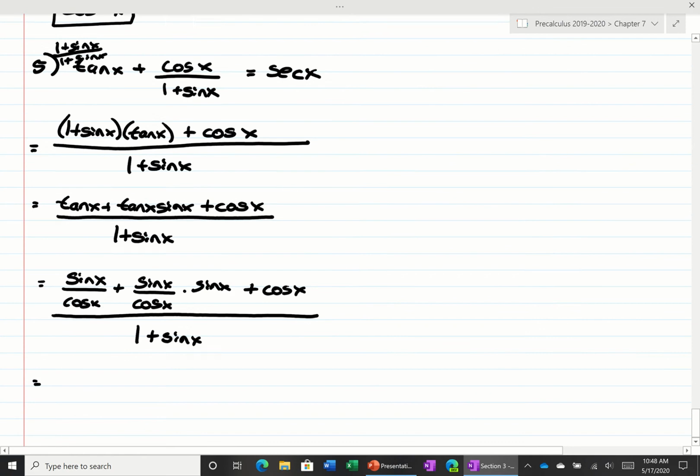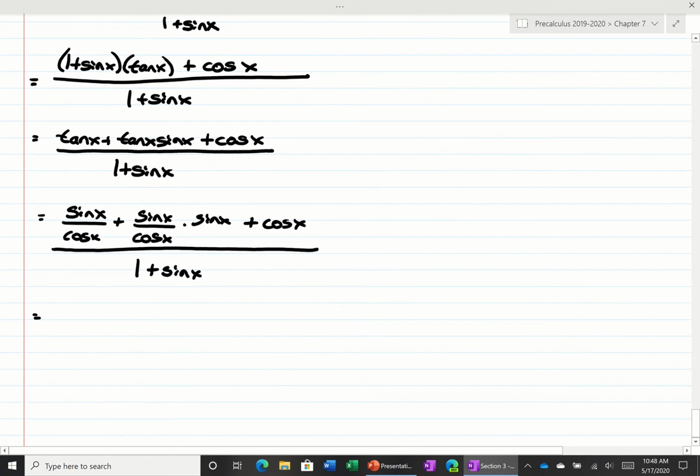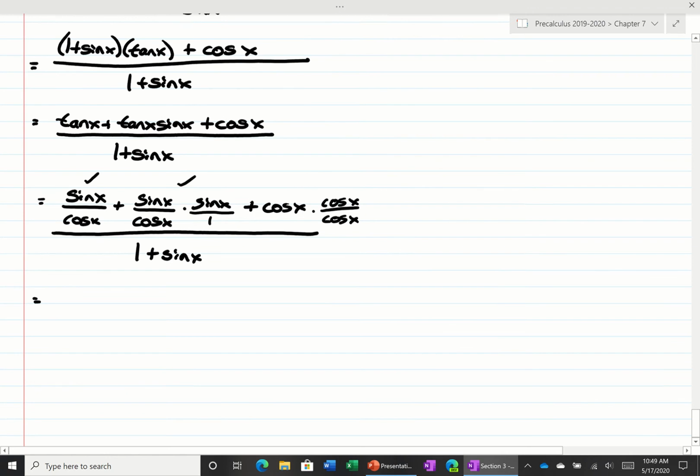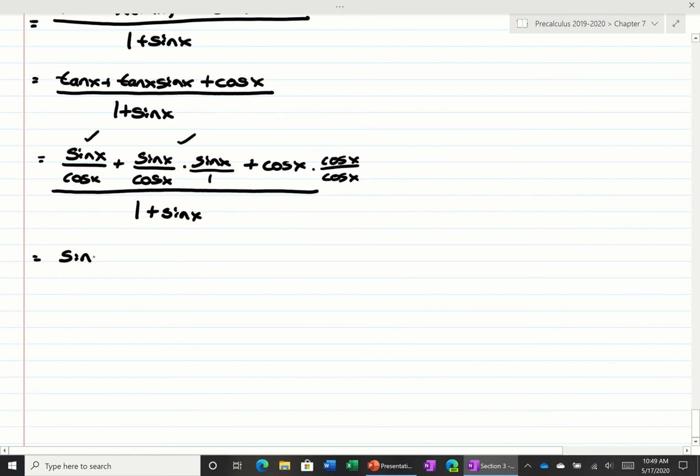All right. And it looks like the top's going to have a common denominator of cosine of x. So these fractions have a common denominator. I'll have to multiply this by cosine over cosine to get that over the same denominator. And we get sine of x plus sine squared of x plus cosine squared of x all over cosine. And we're dividing that whole top by 1 plus sine of x.